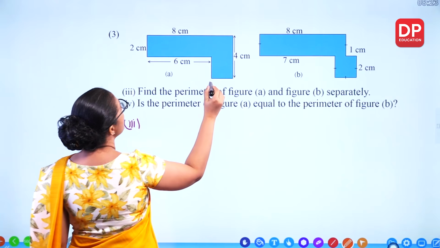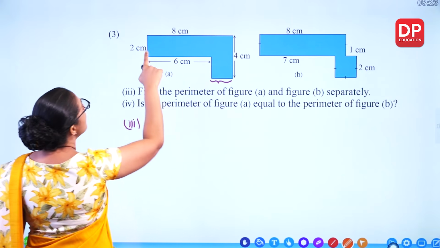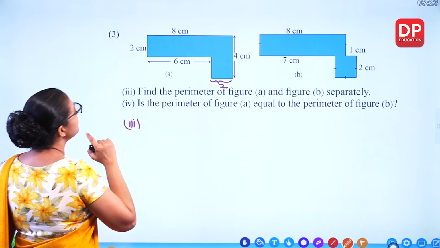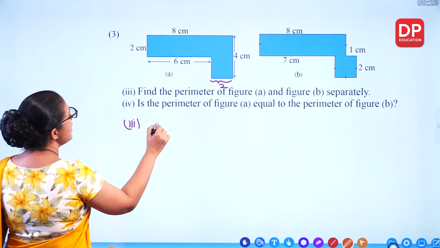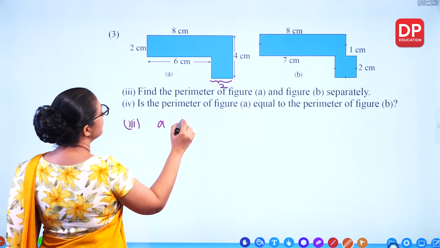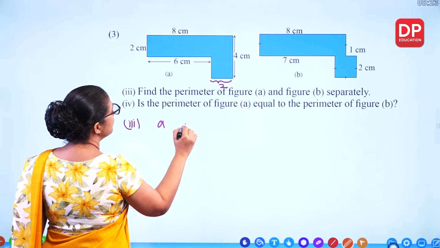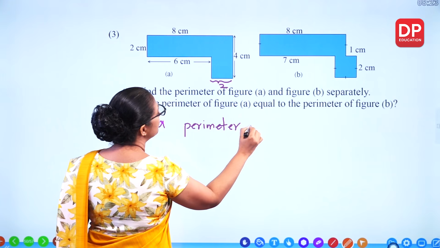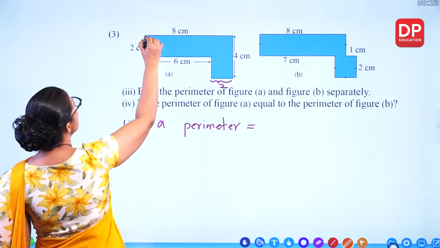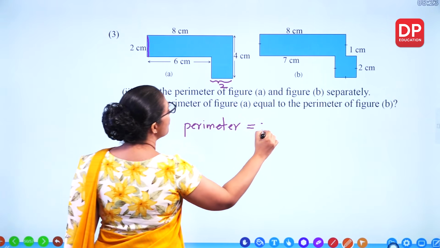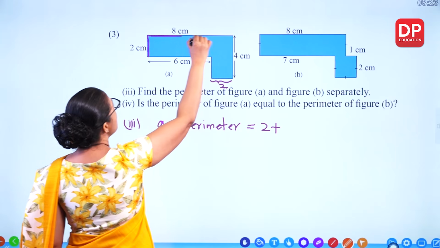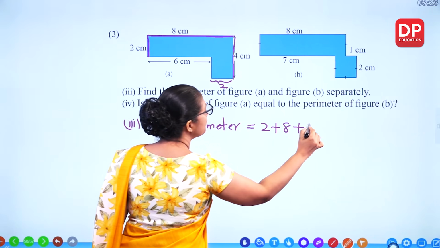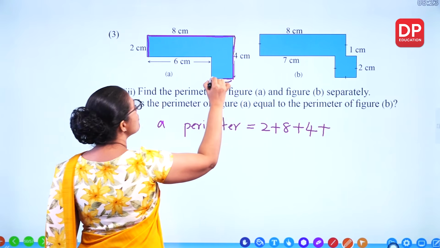You have to first find out what is this length. 8 minus 6, that's 2. Now you can find out the perimeter of A. 2, 8, 4, another 2.